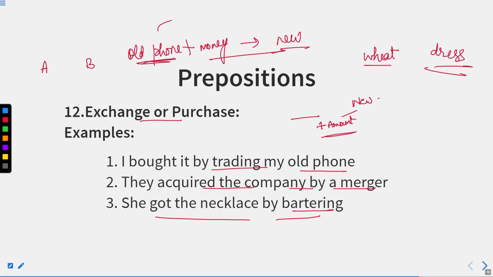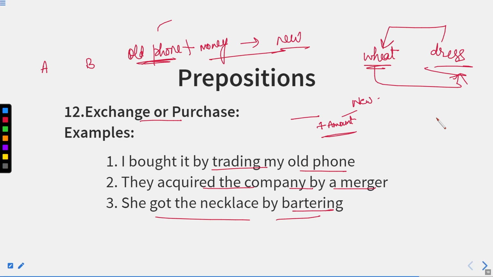I can give you this wheat and in exchange I can have the dress. Here I'm not adding money or anything else, but I'm using that same amount of wheat as it is the cost of the dress. So we are just exchanging these two things with each other, and for that we can use the preposition by. That is, she got the necklace by bartering. So bartering is just a system, and to show that, we can use the preposition by.